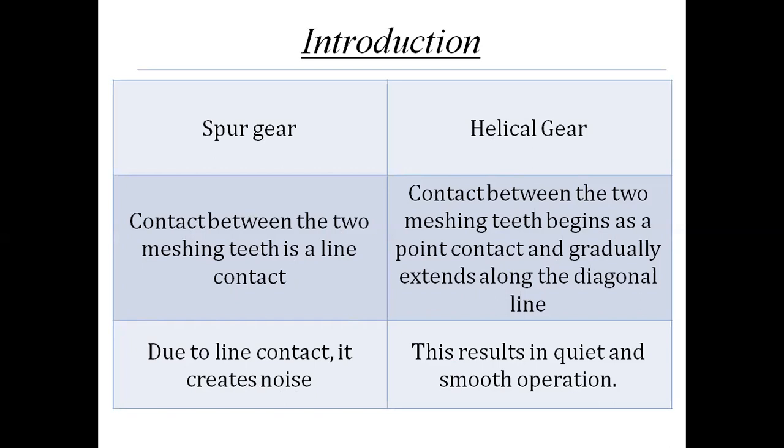The contact between the teeth gradually increases along the diagonal line. This results in quiet and smooth operation of helical gear. So it does not create noise during operation. These are the specialty of inclination of teeth on gear.